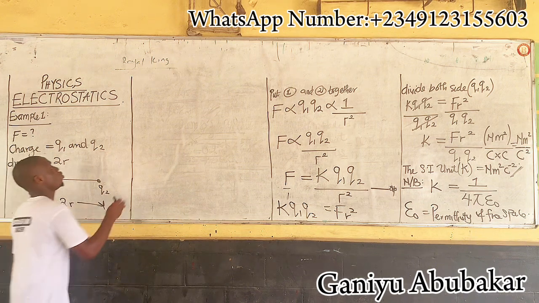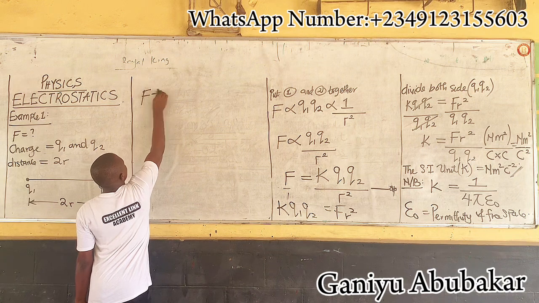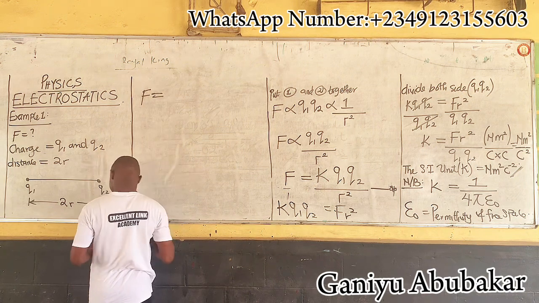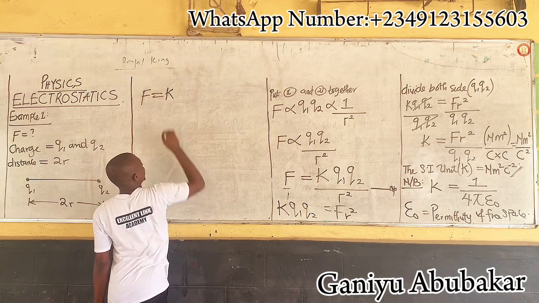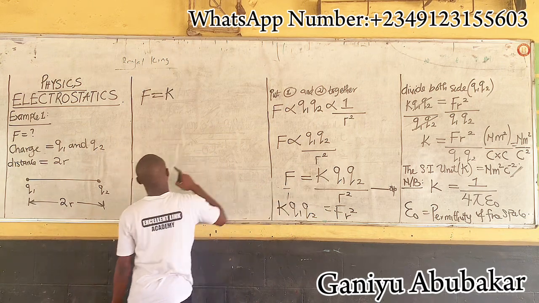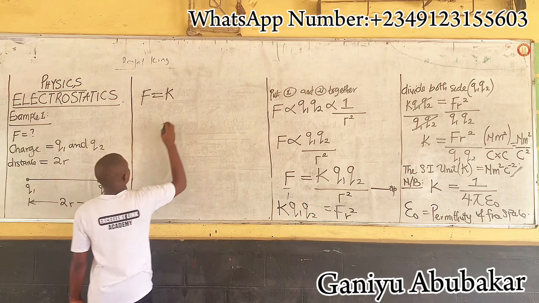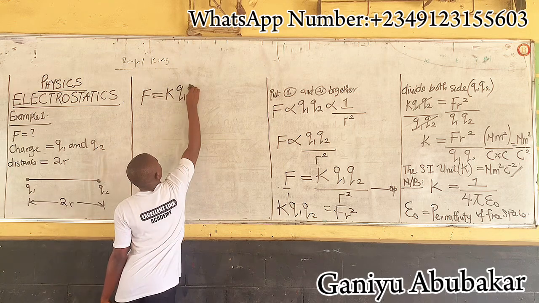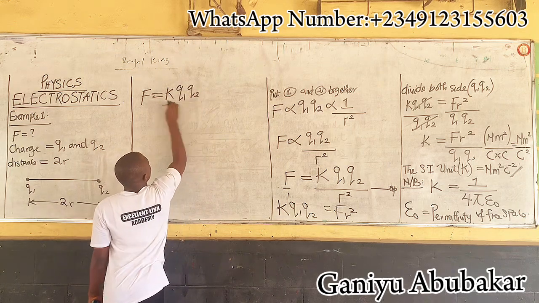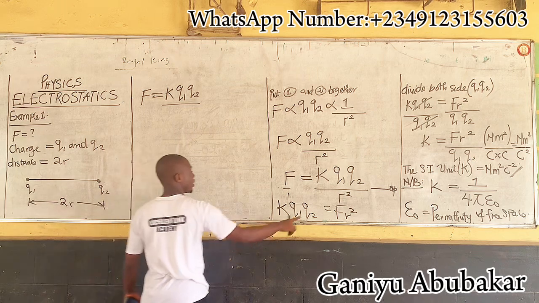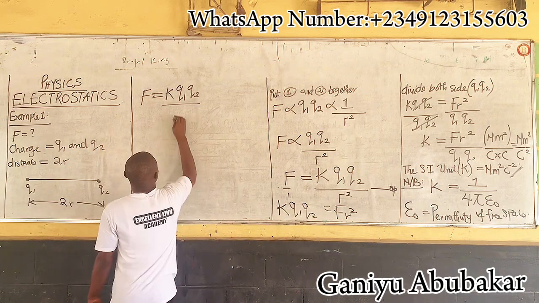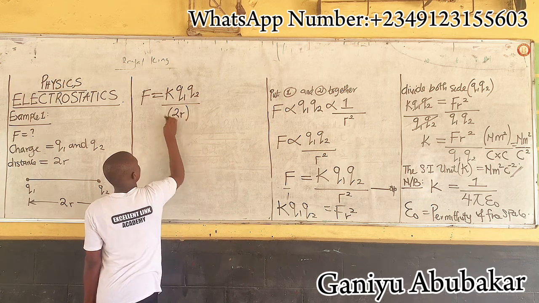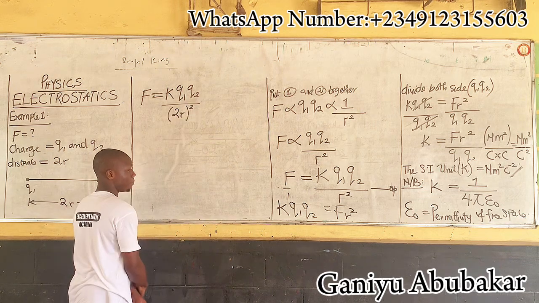So the force of attraction, F, will be equal to K, Q1, Q2 all over the distance squared. Here it is not r, it is 2r. Mind you, I'll have a square there.